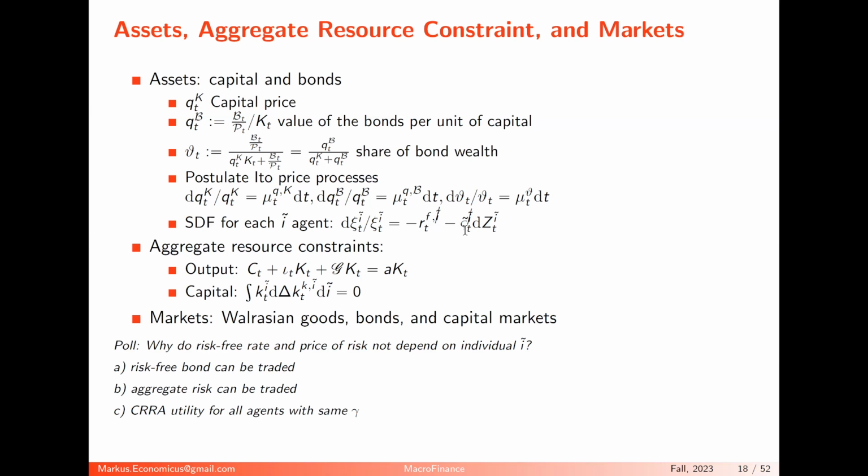Shouldn't it depend? Because the risk-free bond can be traded, because aggregate risk can be traded. We don't have any aggregate risk, sorry. Hint: the constant relative risk aversion utility for all agents is the same, gamma. So that explains this, no? Very good. You essentially have all the same risk aversion coefficient.